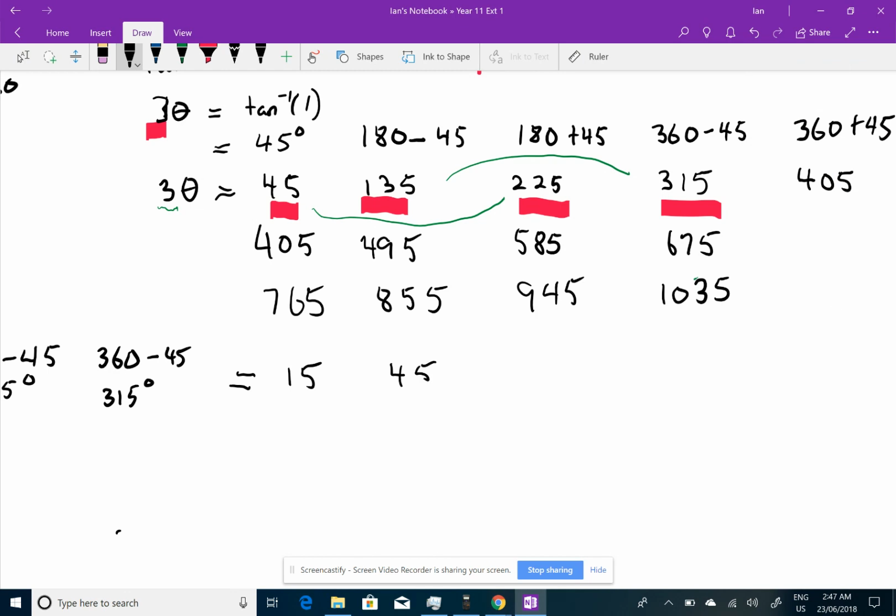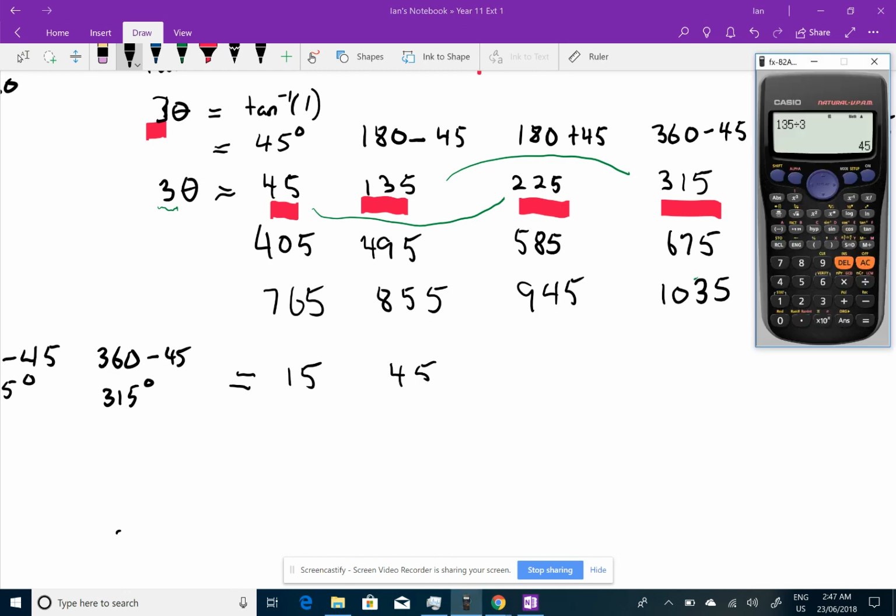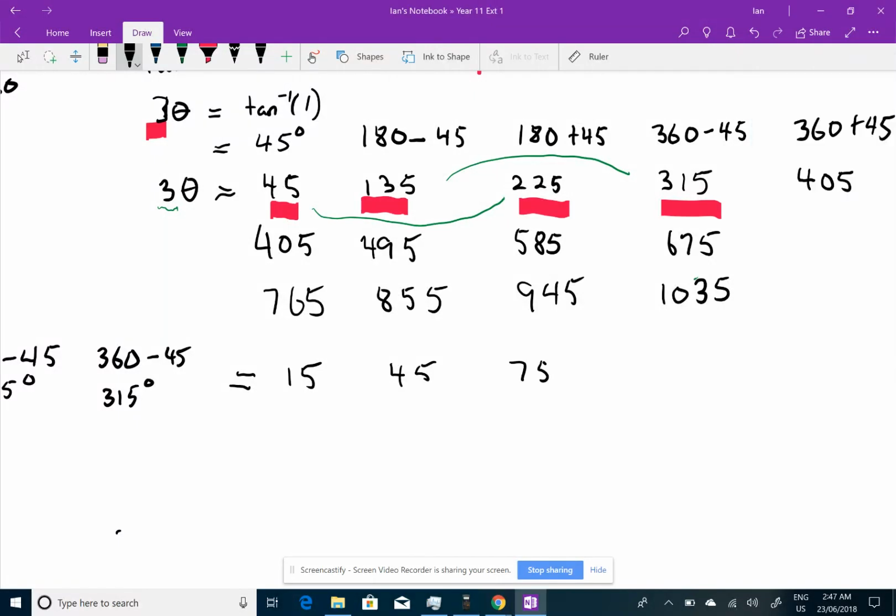I'm beginning to see a pattern here. 225 divided by 3, 75. These are just going up by 30.